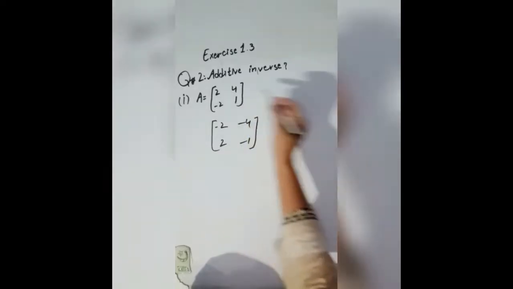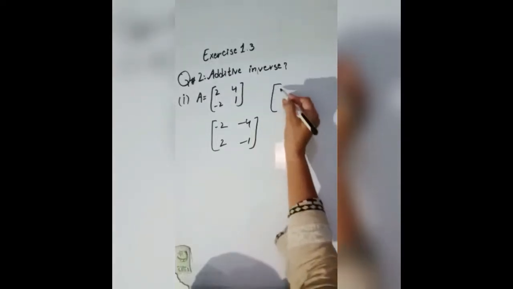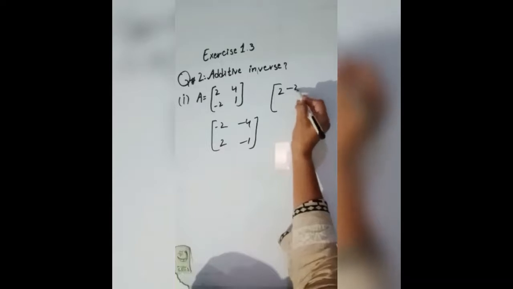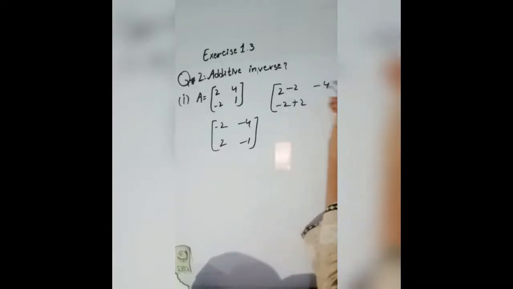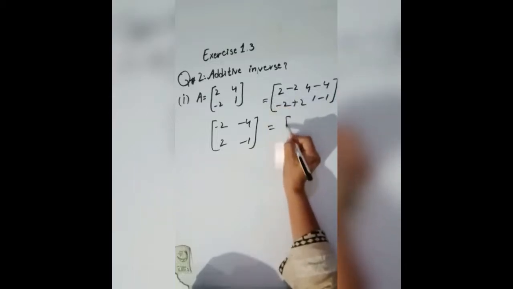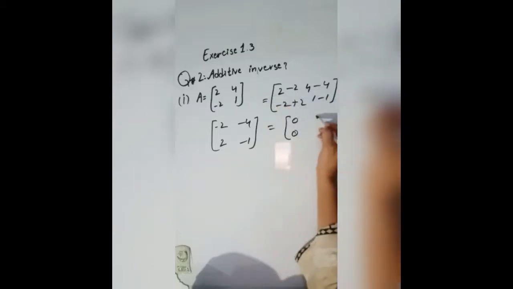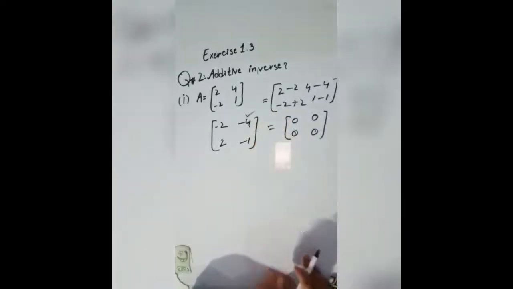If we add this matrix to this given matrix, we got the answer, what we got? 0 matrix. So this is the additive inverse.